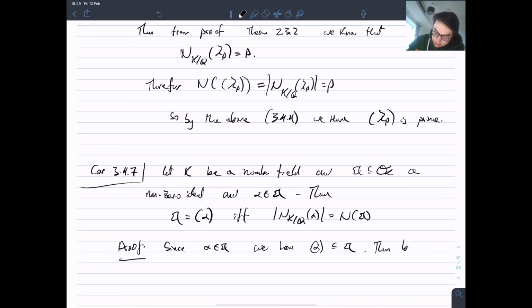Then by this lemma 3.4.3, which told us that if you have containment of ideals and they have the same norm, then they have to be the same, and using this and proposition 3.4.5, we get the result.